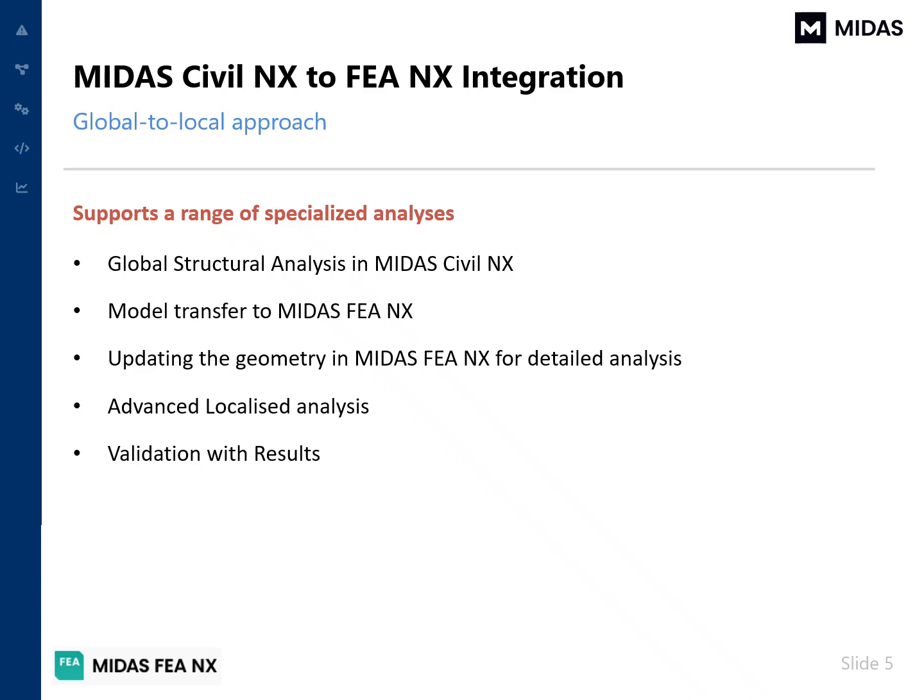We'll update the geometry in FEA NX for more refined and detailed analysis by customizing the boundary conditions, applying certain loads over maybe a solid model, and adding certain nonlinear as well as dynamic analysis. Then we'll perform this analysis and check some results in terms of stresses as well as forces. Then we'll validate these particular results either with the experimental results or with the theoretical results.